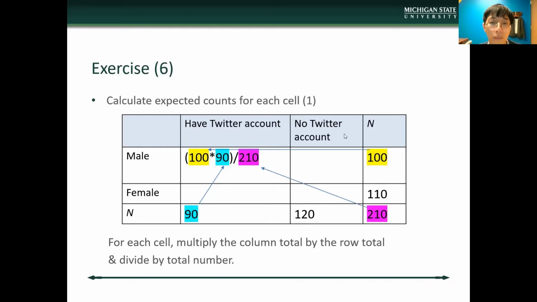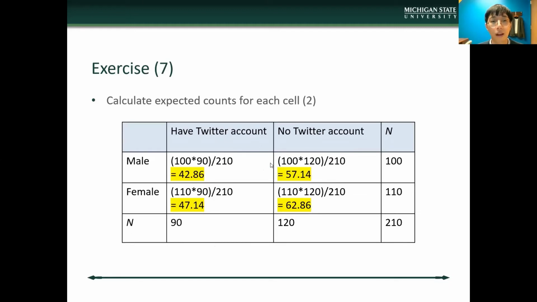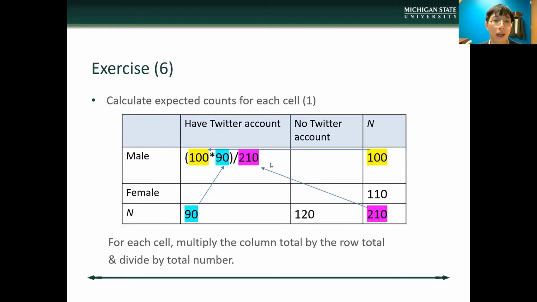So you will multiply the marginal total for MSU and the marginal total for Twitter account and divide it by the whole number. So you will calculate 100 times 90 divided by 210. Then you will do the same thing for each cell and you will easily calculate the expected count for each cell.